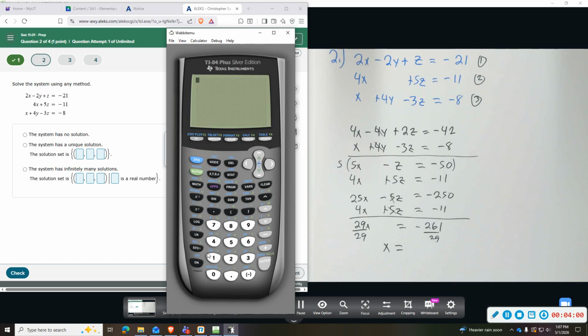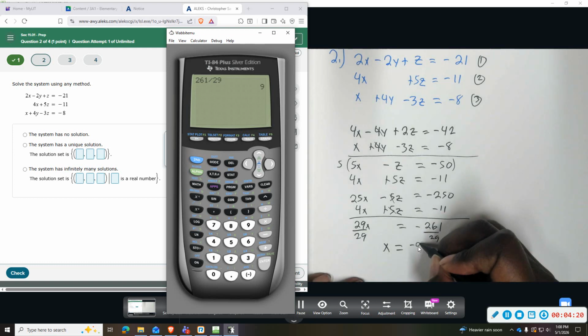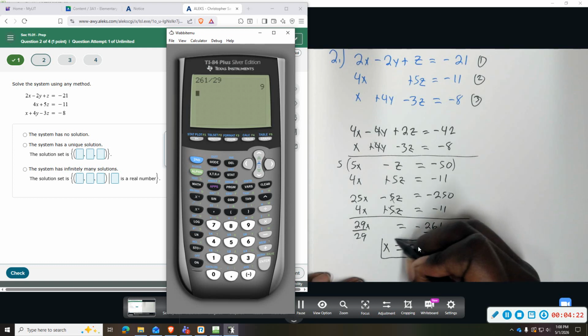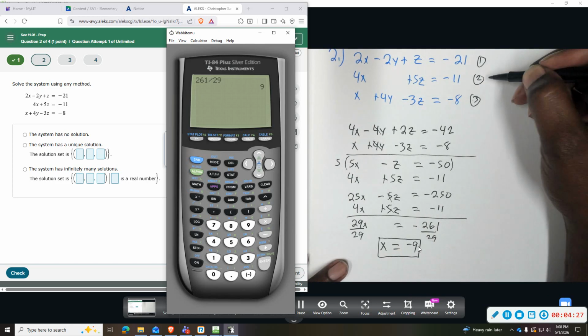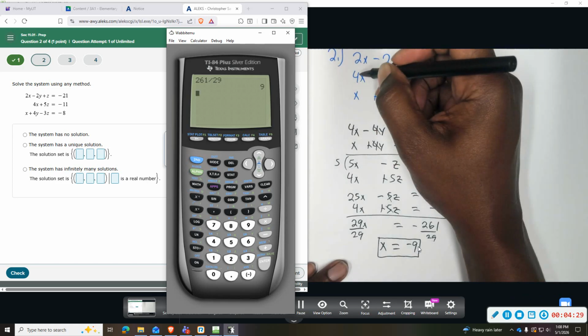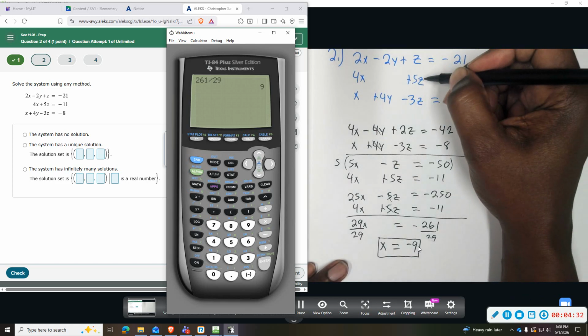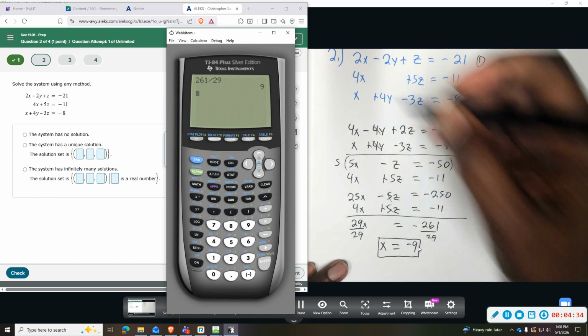And it gives us 9. Now this is negative, gotta be careful. I just plugged in 261, but it's negative divided by positive, so I should get a negative. I'll get a negative 9. All right, so once I find my first one, I'm now going to go backwards and take the equation that had two variables, x and z, and I'm going to plug in x.